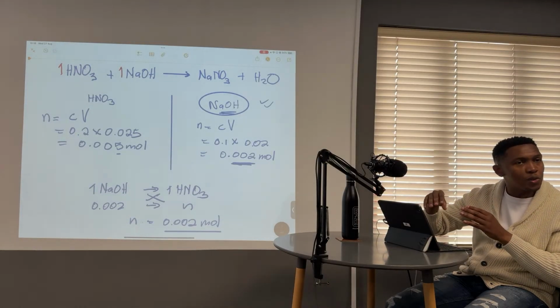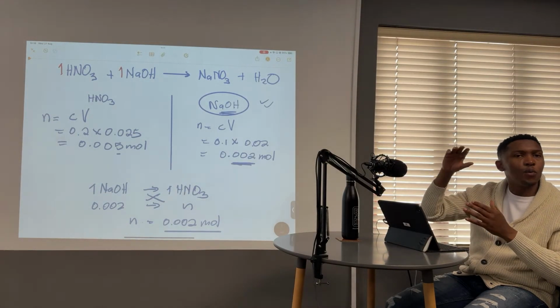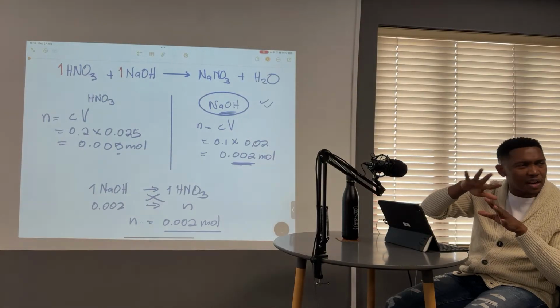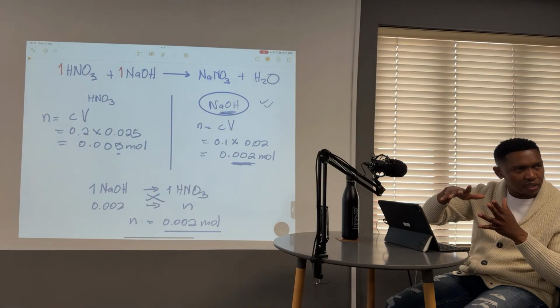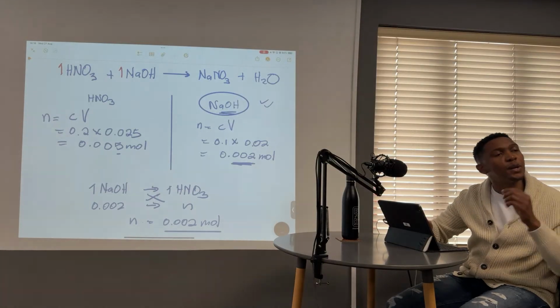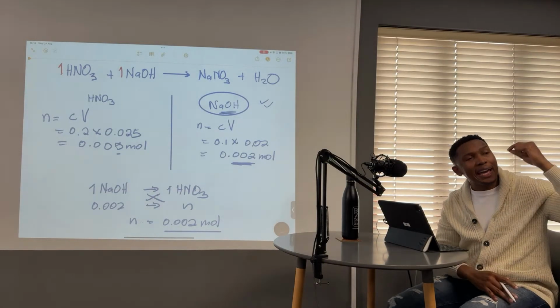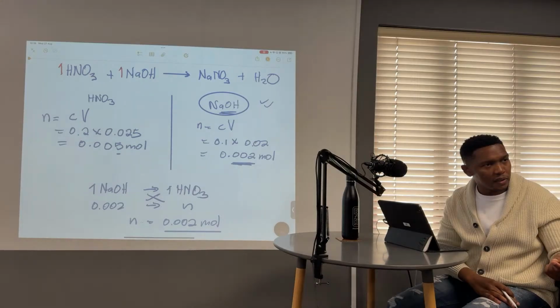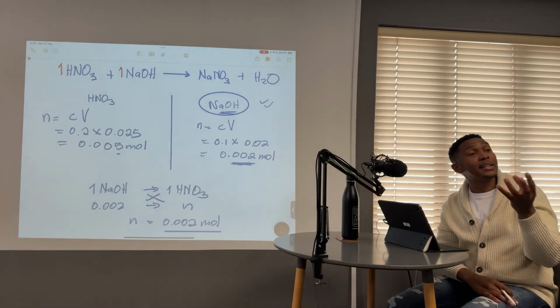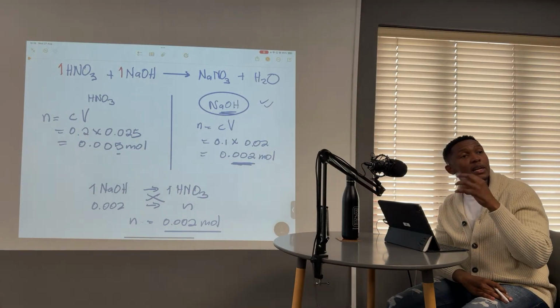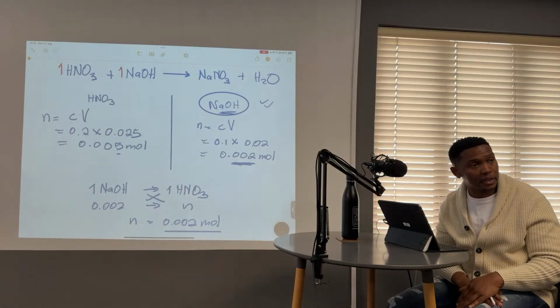So if we test at the end point, we're going to find that our pH plays around 7. It's neutral. But in this case, because I've got excess acid, my resulting solution is actually acidic. Make sense? Okay.